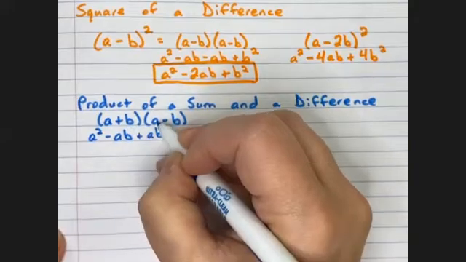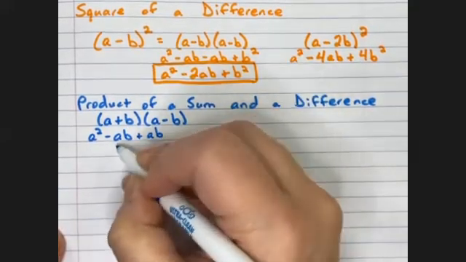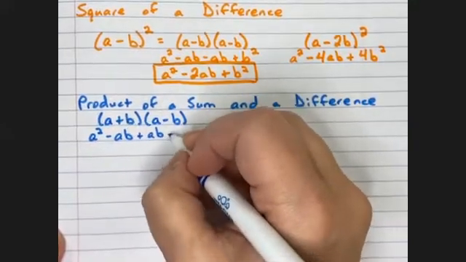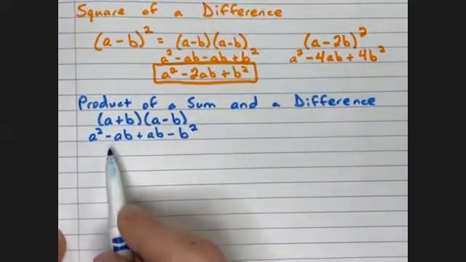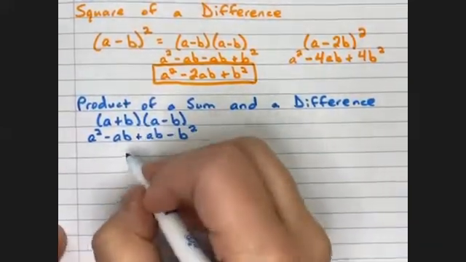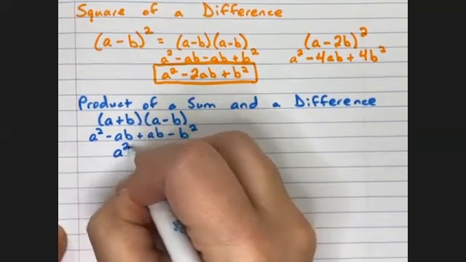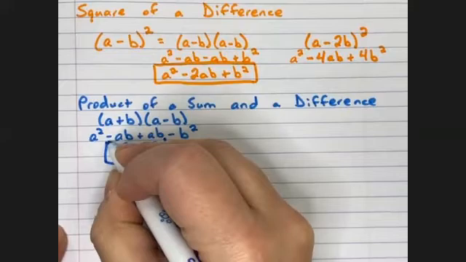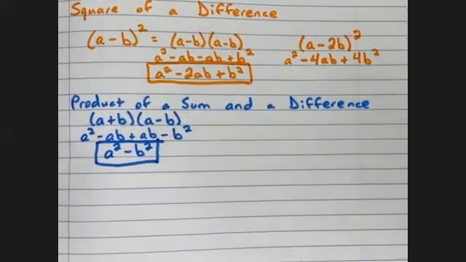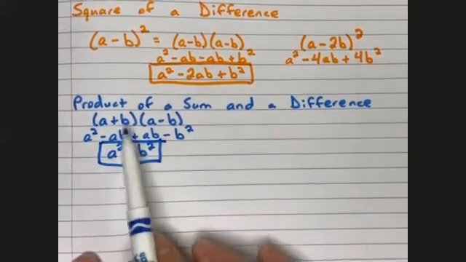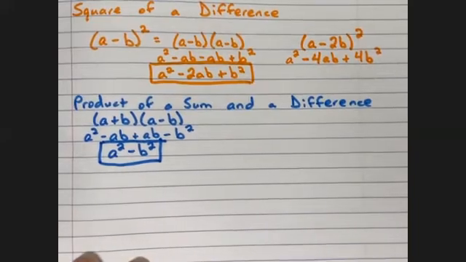And you notice I don't put it as ba, because it doesn't matter the order, but I want to make sure that I know that those are like terms. And then this is going to be minus b squared. So if I have minus ab plus ab, that cancels out. So I'm just left with a squared minus b squared, which is sometimes what people try to do on the top two examples, just the square of a sum and the square of a difference. You cannot do it that way. But if I have a plus and a minus, then the middle term does cancel.